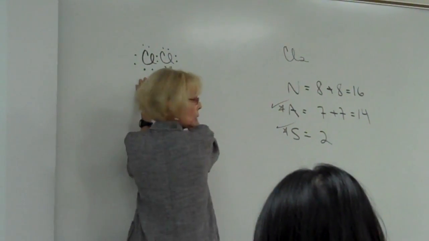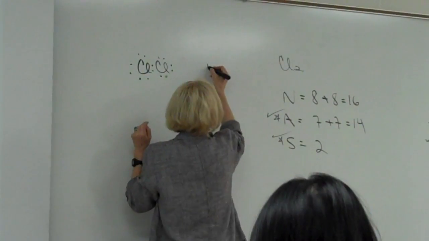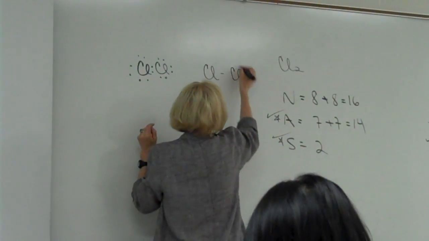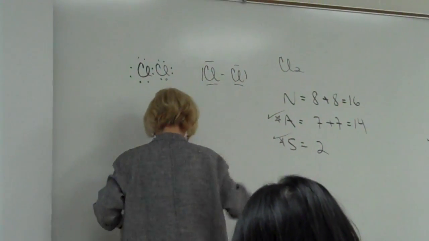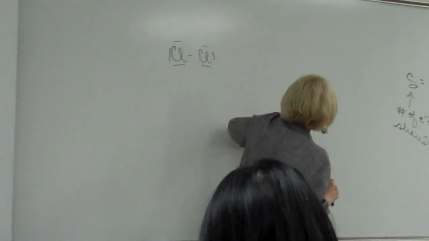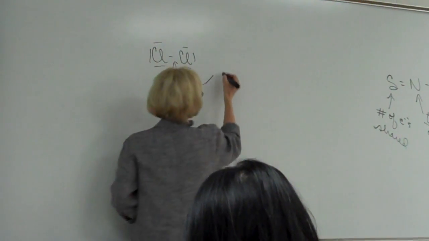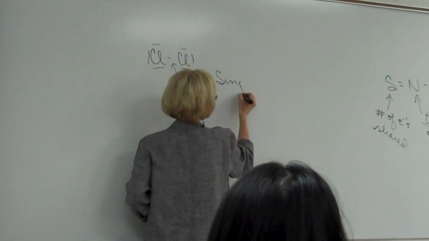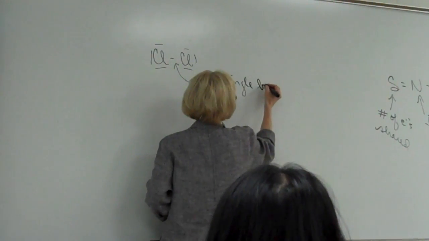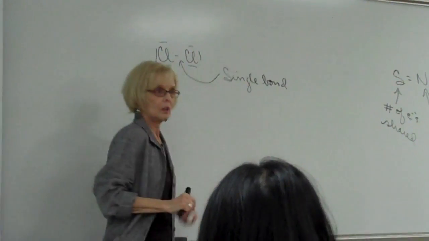And remember, these are called the bonding electrons. And when you just share 2, this is referred to as a single bond.